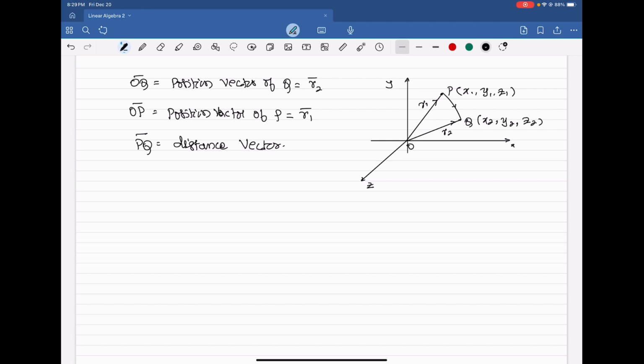From the basics of vectors, OP is equal to minus PO and OQ is equal to minus QO, because a vector has both direction and magnitude, and if the direction is changed, the vector gets the negative sign.